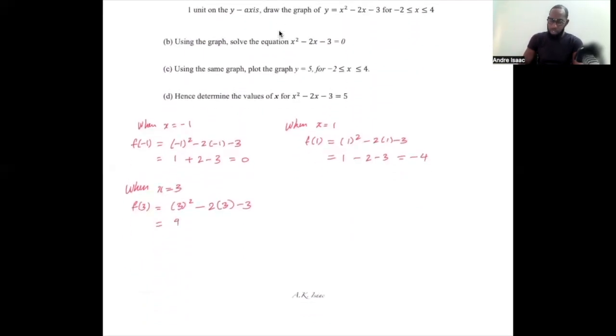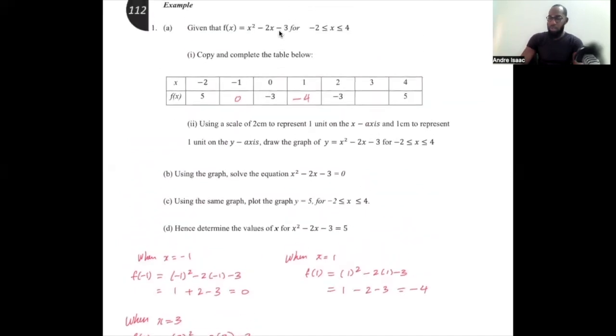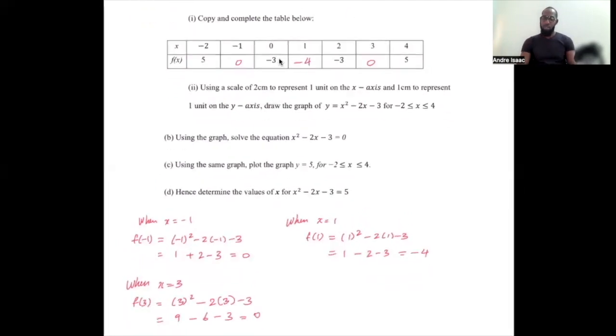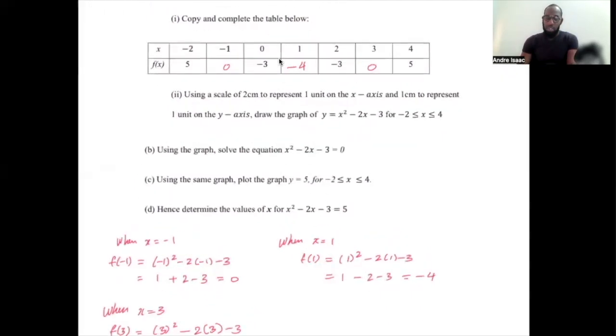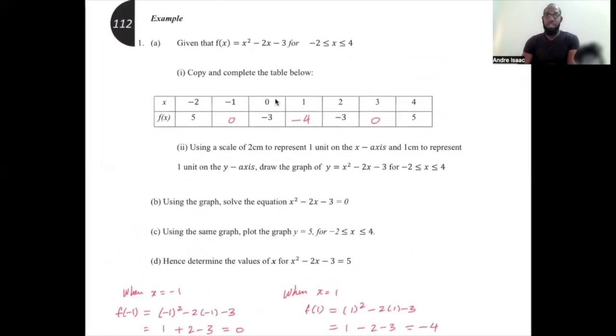So that is 9 minus 6 minus 3, and that is equal to 0. Remember, for this type of question, you can use a calculator. It's not a multiple choice question, so you can either use a calculator or work it out mentally. That's the copy and complete the table part.